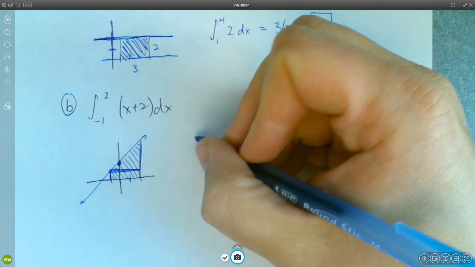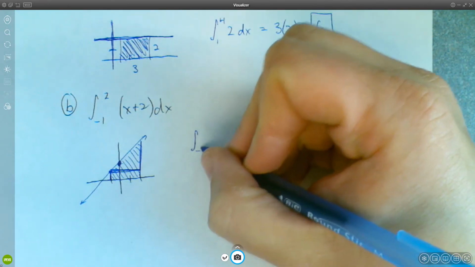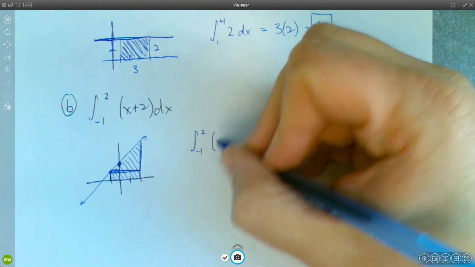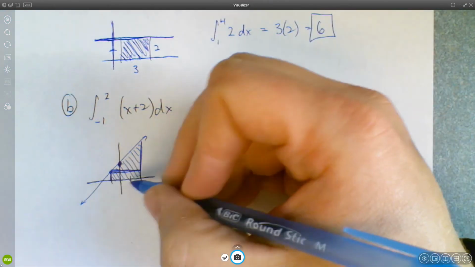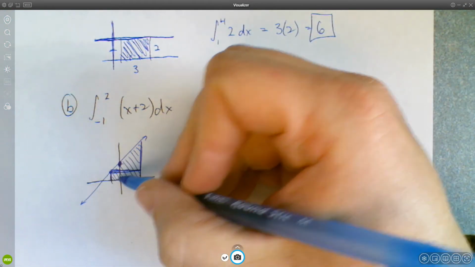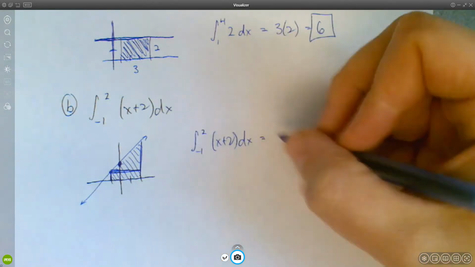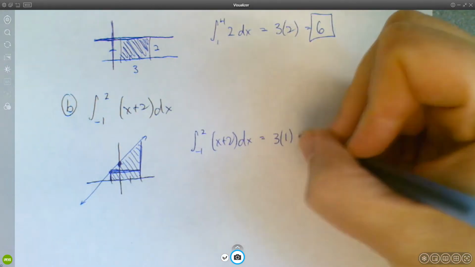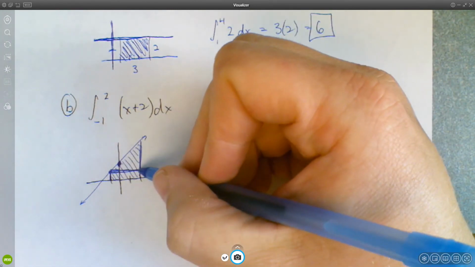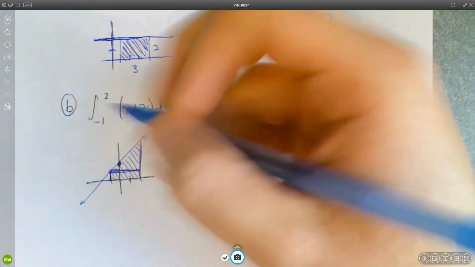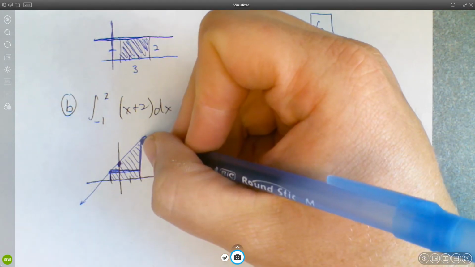Right? And then you can say, alright, so the integral from -1 to 2 of x plus 2 dx is going to be the area of the rectangle, which has a width of 1, 2, 3 units and a height of 1 unit, plus the area of the triangle, which has a base of 1, 2, 3 units and a height of, well, whatever this is, f of 2, right?